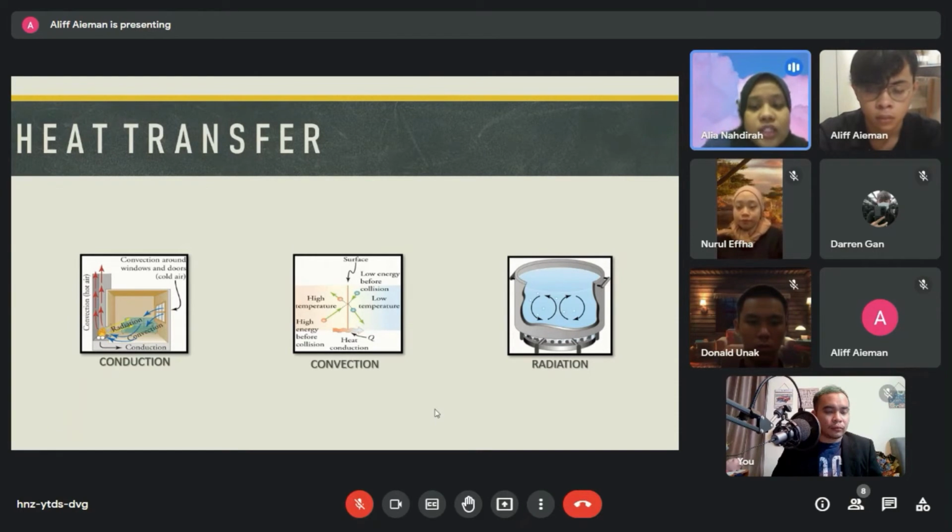When two particles collide, energy is transferred from the greater kinetic energy particle to the lower kinetic energy particle. When two bodies collide, many particle collisions occur, resulting in a net transfer of heat from the higher temperature body to the lower temperature body.